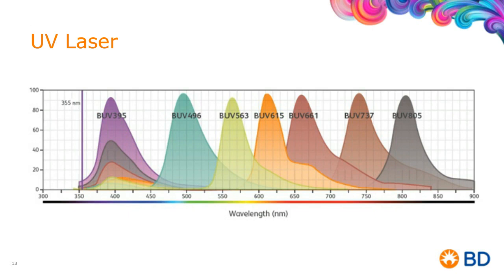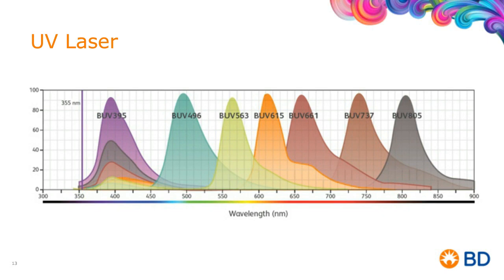So across every laser line we have, there's a series of colors that go from the smaller wavelengths on any given laser to the wavelengths that are longer. On slide 13 is an example of the UV laser, which starts with the colors we've selected to place in here, the Brilliant UV reagents. They start with Brilliant UV 395, a base polymer that we use.